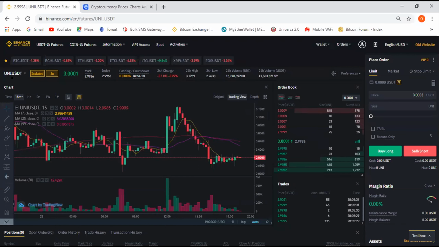Now you have the pair, which is UNI against USDT. Then you put it on isolated and you are on 2x. Then you want to check the price. What is the current price now? If you are using a system, you will see the current price here.